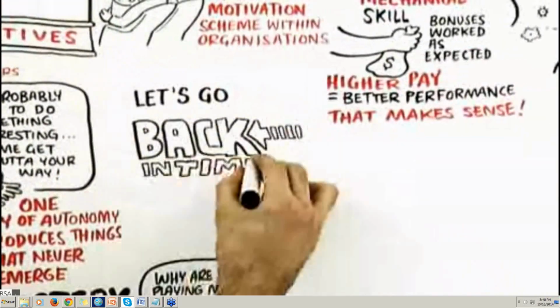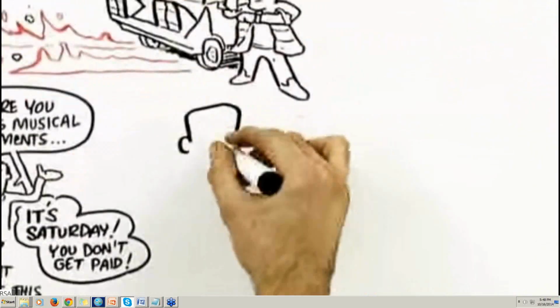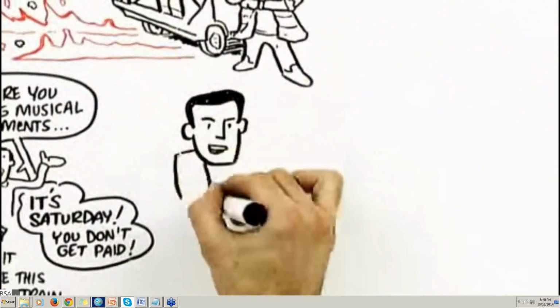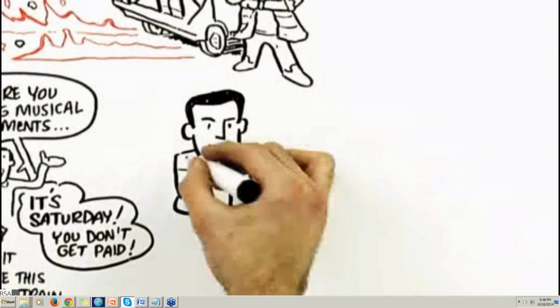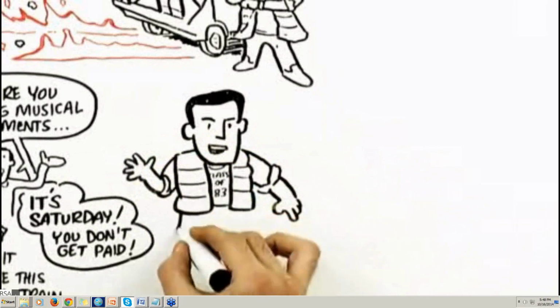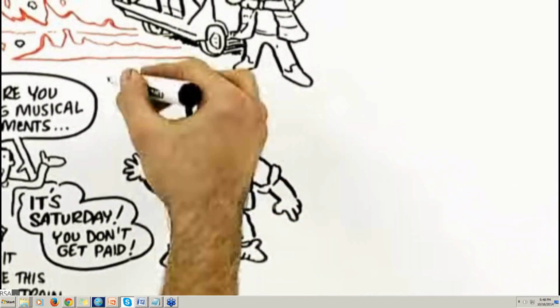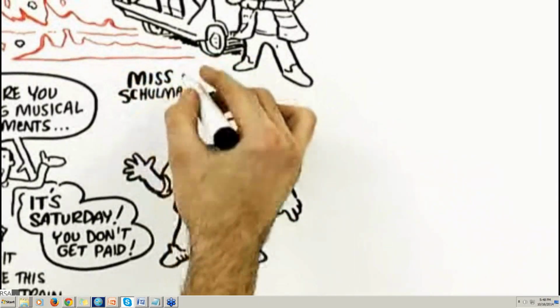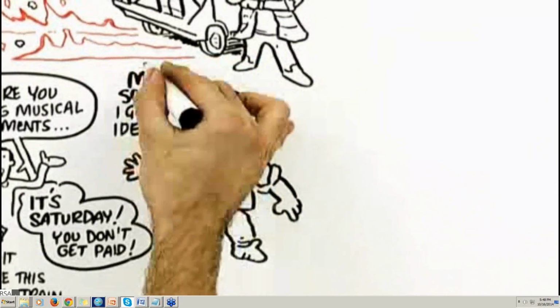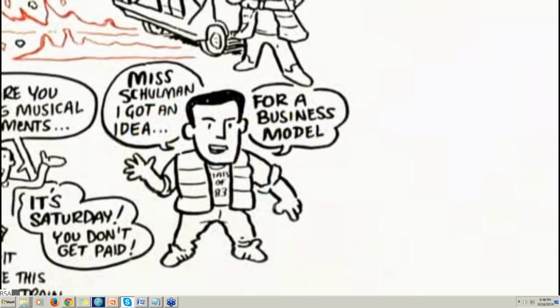Go back in time a little bit. Imagine if I went to my first economics professor, a woman named Mary Alice Schulman, and I went to her in 1983 and said, Professor Schulman, can I talk to you after class for a moment? I got this inkling. I got this idea for a business model. I just want to run it past you. Here's how it would work.